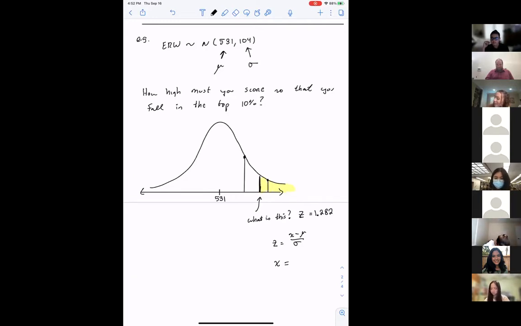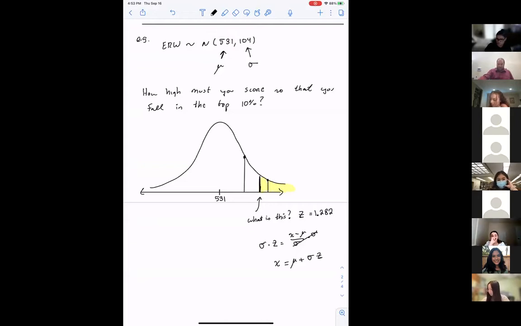So you cancel out the standard deviation on the other side, and then you add the mean on one side. Yes. So it's the mean plus the product of sigma and z. Right? You multiply both sides by sigma. And then you add the mean.